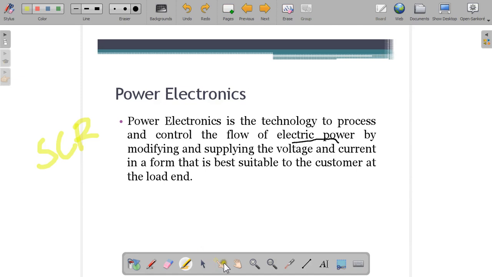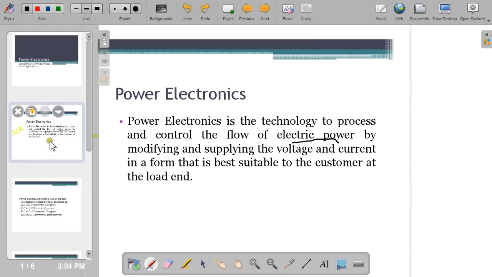Power electronics amalgamates the three measures of electrical engineering, that are power, electronics and control. That is also understood from the block diagram here.